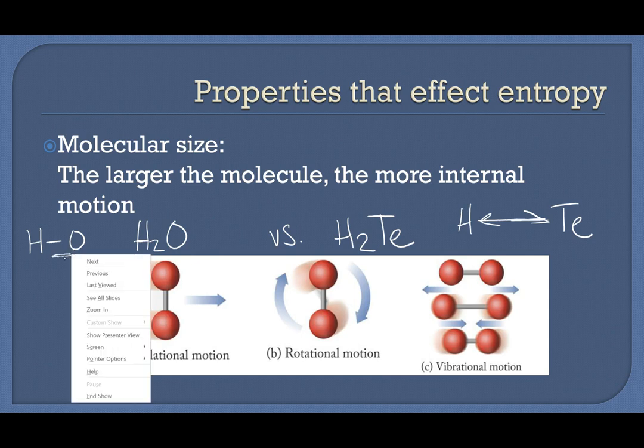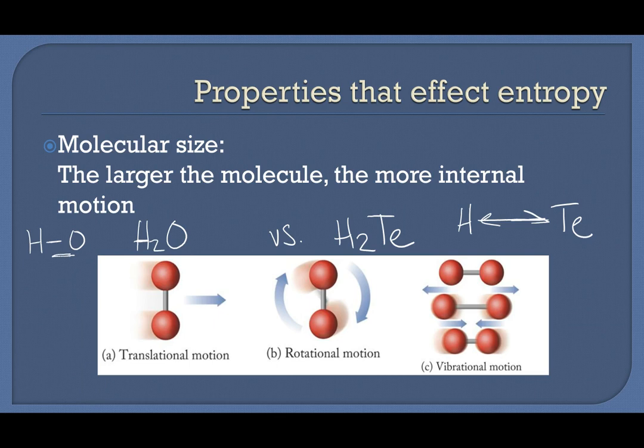We're just going to squeeze, go back, squeeze, go back. So the bigger the molecule, the more opportunity for motion, the more opportunity for messiness, even rotation. If you think about rotating this molecule, it's going to be a bigger rotation than this teeny tiny molecule here. Larger the molecule, more internal rotation.